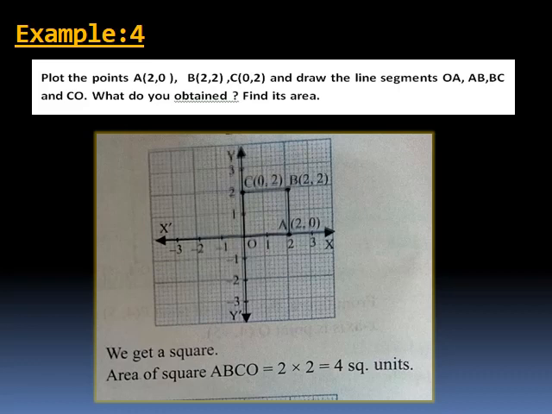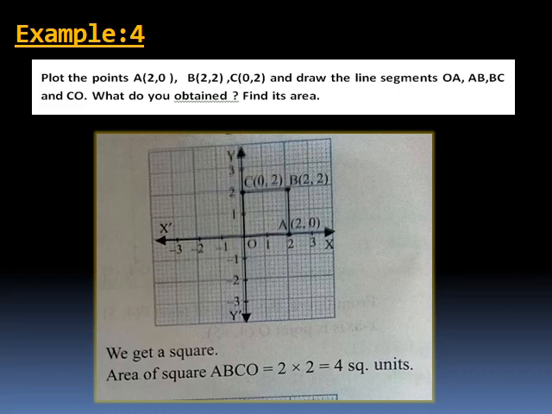So here some points are given, children, that we have to mark on the Cartesian plane. Then we can join the line segments as per the question. Then we get a figure. They are asking what figure you obtain. Then we have to find the area of the figure we obtain.